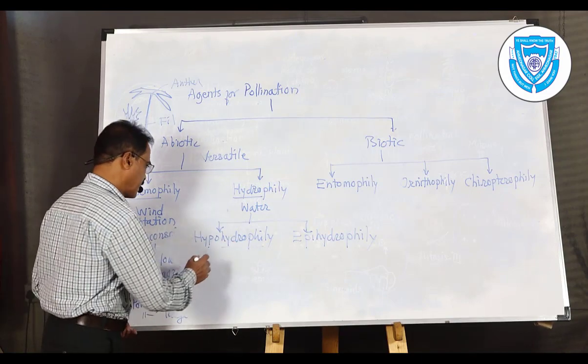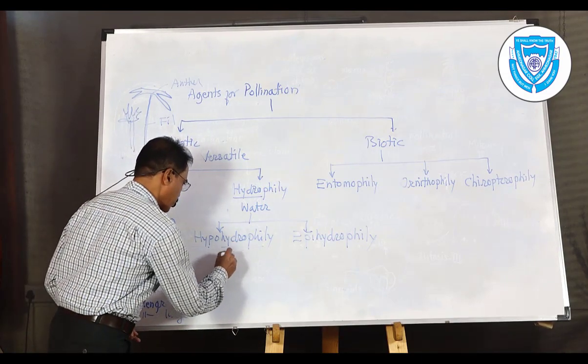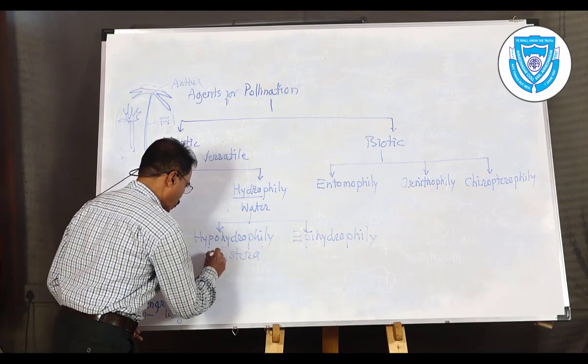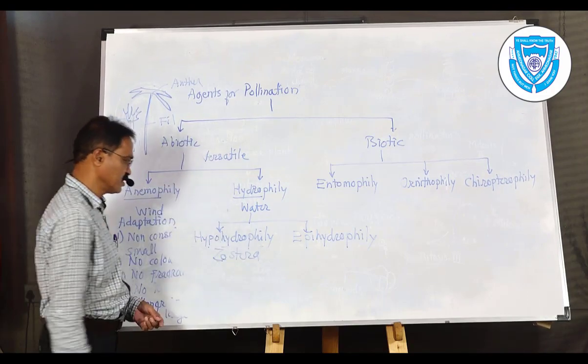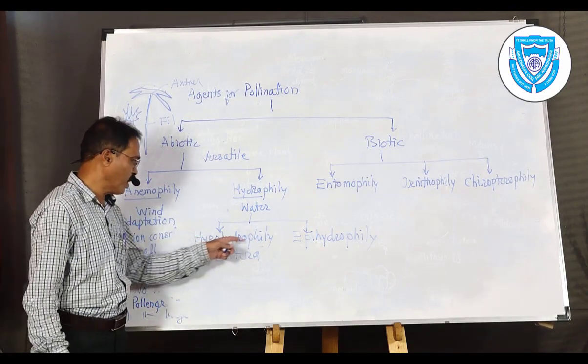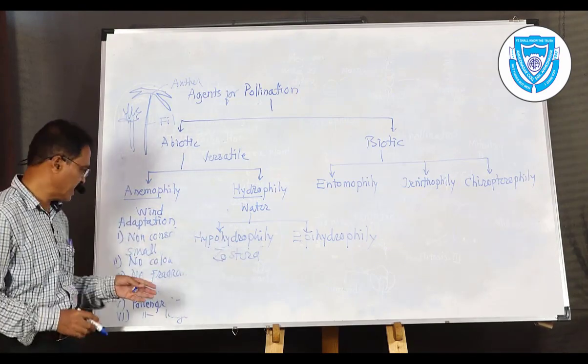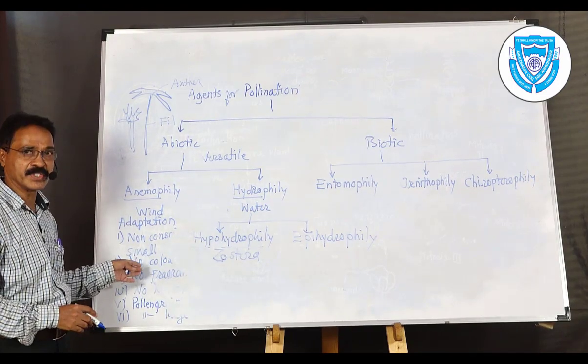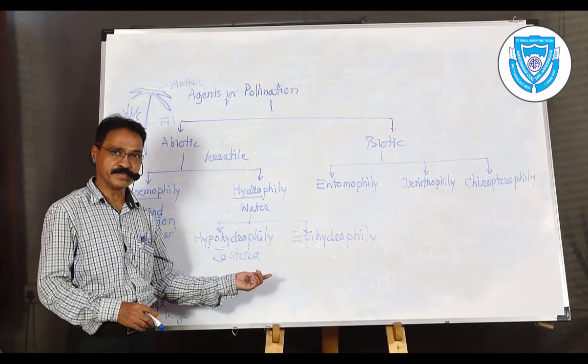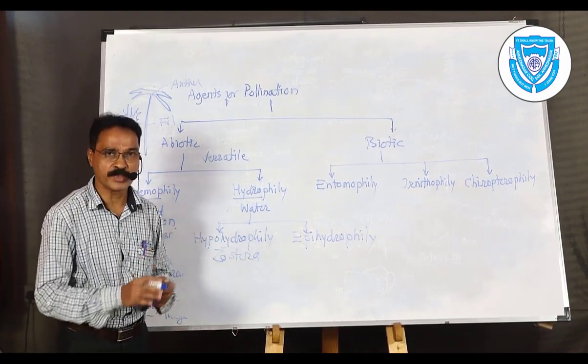So that is the hypohydrophily. Many examples are there, but Zostera, which is commonly called seagrass, shows hypohydrophily, and these flowers have the same type of adaptation. That means they are not attractive, they are inconspicuous.